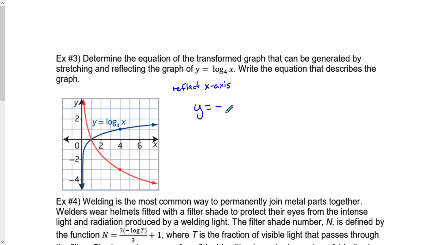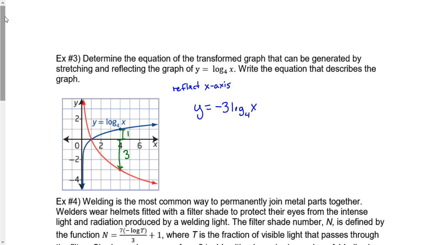Our a value would have to be negative. Now, the only extra part is we can actually see that this space is 1. This space is 3. So it has been vertically stretched by a factor of 3. Log base 4 of x, and this is done.